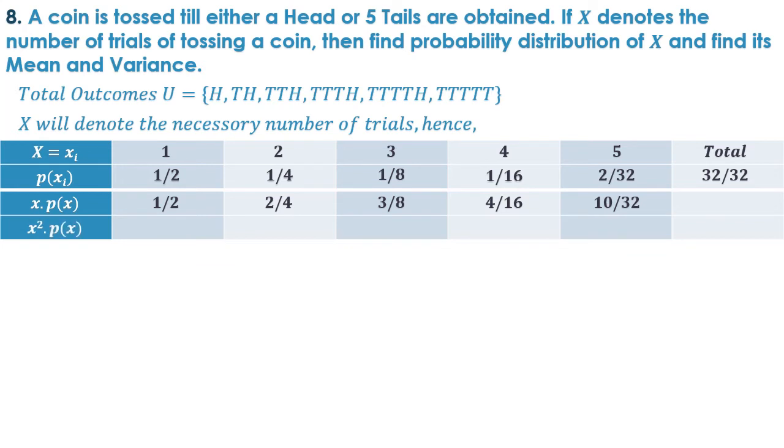Next is xi square, x square px. Now x square px means multiplying the x px column with the x column, or you can say the row, it doesn't matter. So 1 upon 2 into 1 is again 1 upon 2, 2 upon 4 into 2 is 4 upon 4, 3 upon 8 into 3 is 9 upon 8, 4 upon 16 into 4 is 16 upon 16, 10 upon 32 into 5 is 50 upon 32.